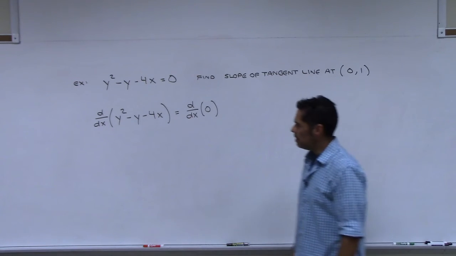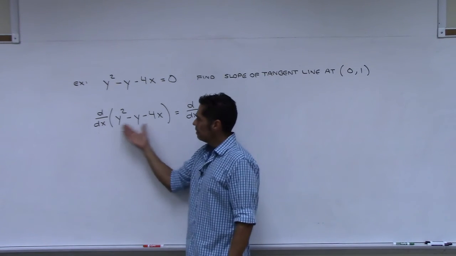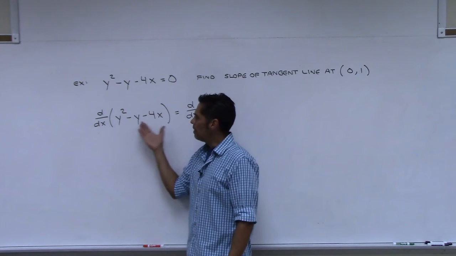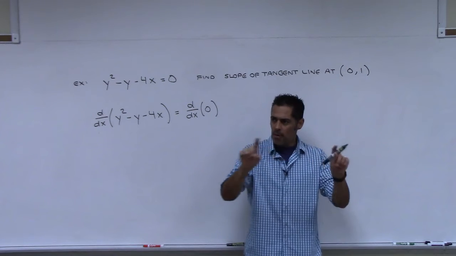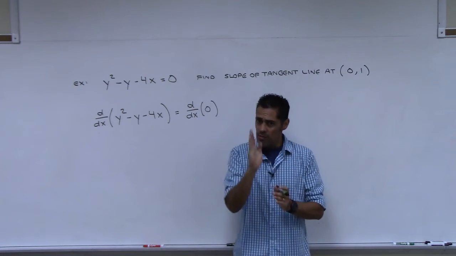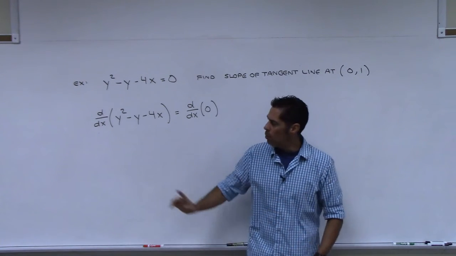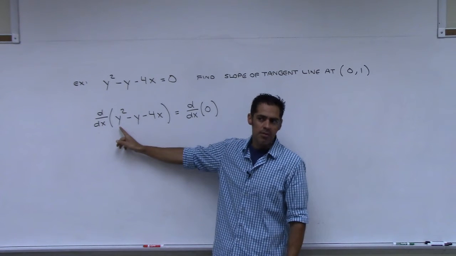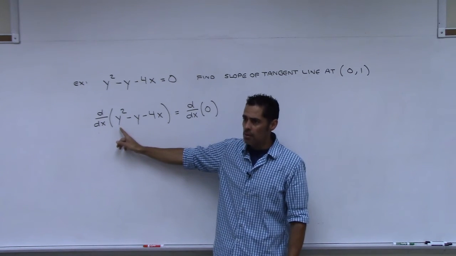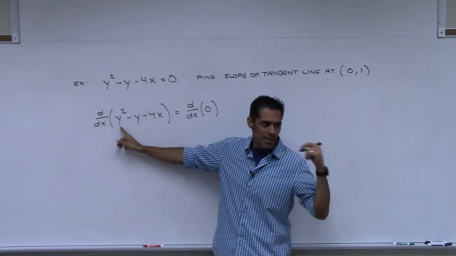Now carefully analyze what's happening over here. We have three separate things, right? Three things separated by addition or subtraction, so I can do them individually. What is the derivative of y squared? 2y prime. That's the exact thing we did just a second ago, right?